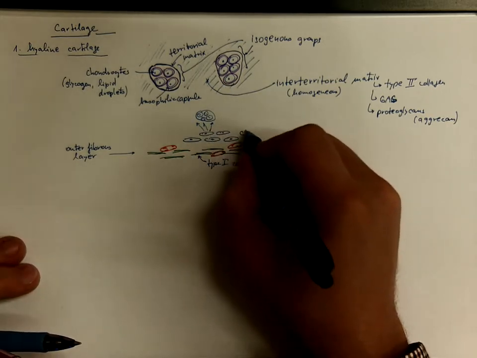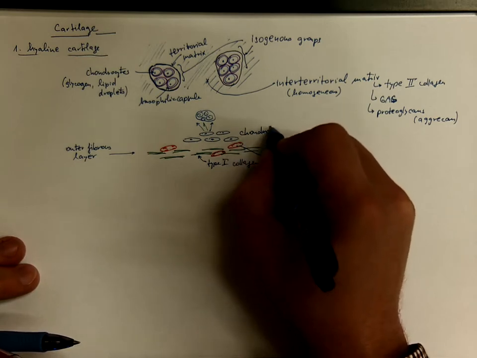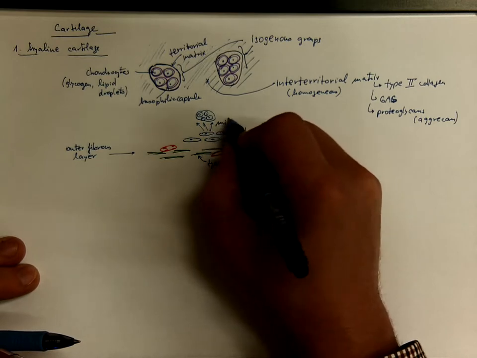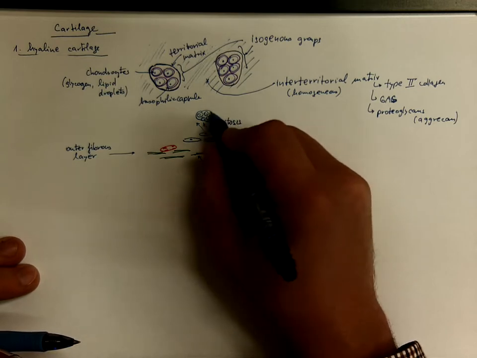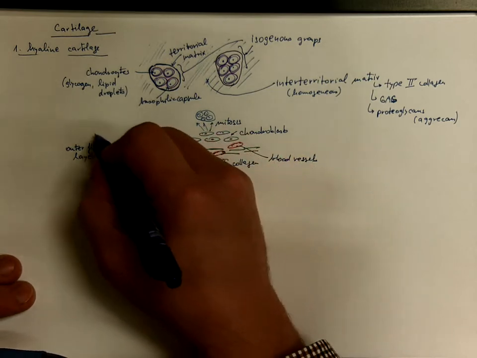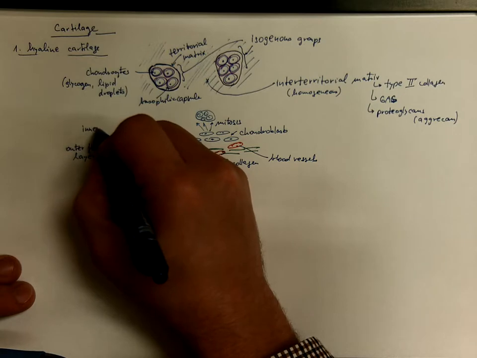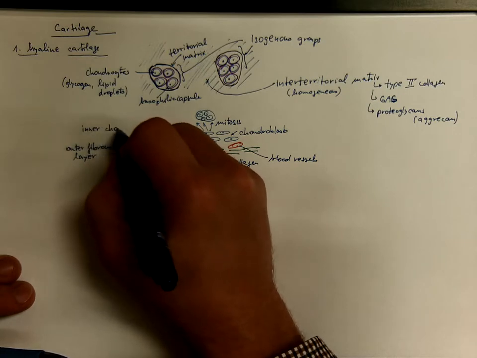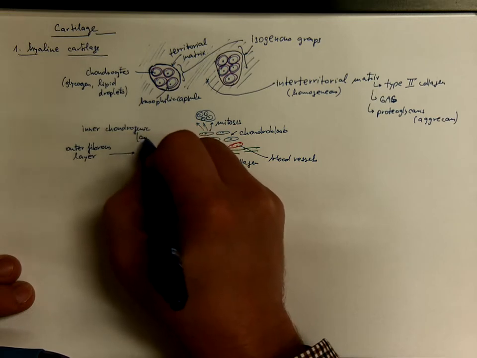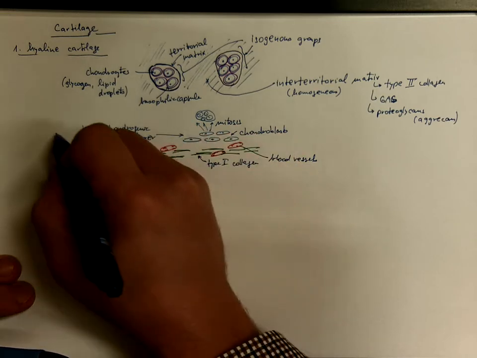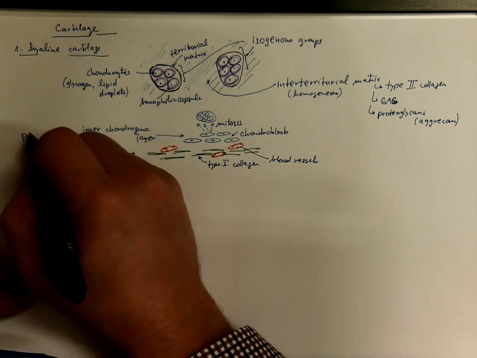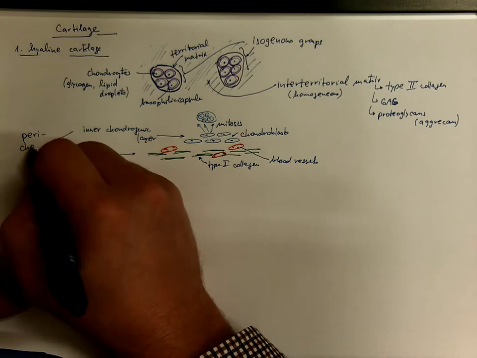So these are chondroblasts that undergo mitosis, forming new isogenous groups. This is the inner chondrogenic layer of the whole covering called perichondrium.